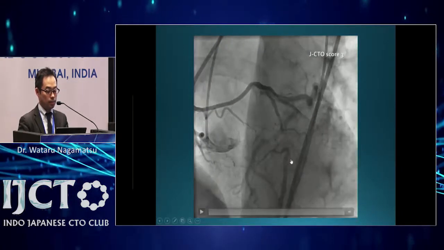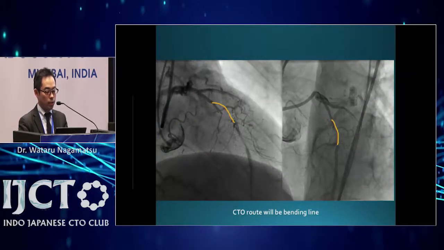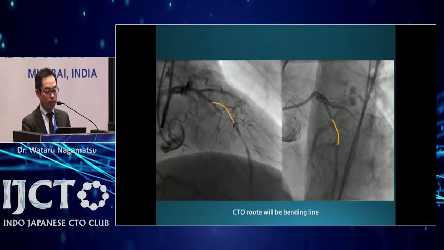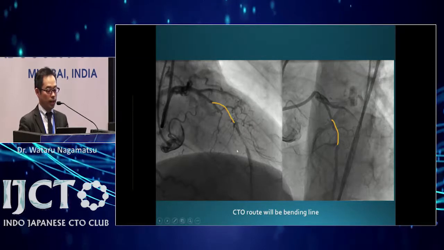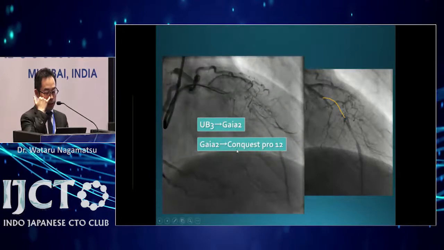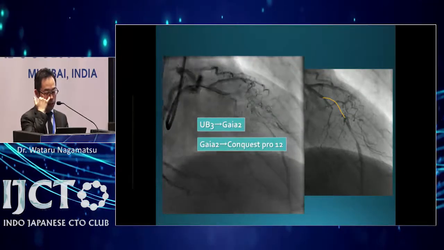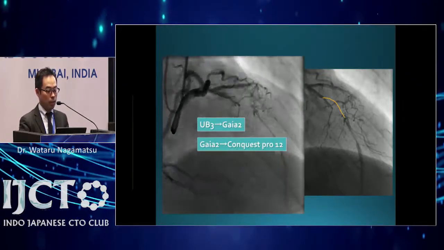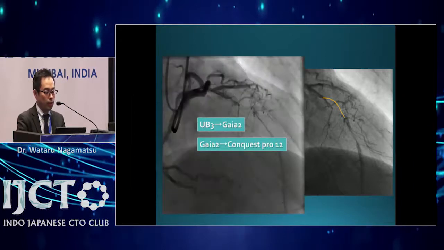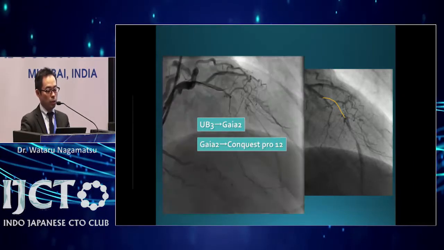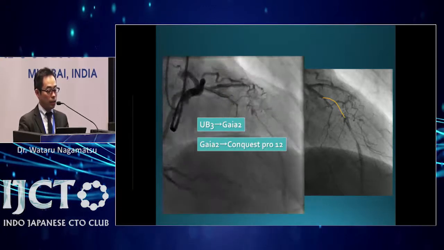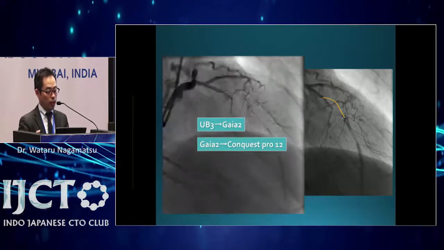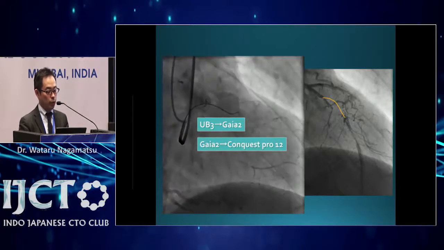From the angiogram, I estimated that the CTO route is here, this yellow line. Firstly I used the intermediate wire, but the J-CTO score is quite high, so I intentionally escalated the wire to the Gaia Second wire. But the Gaia Second wire had difficulty advancing more distally due to the hardness.